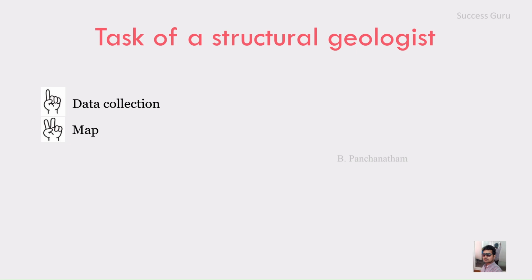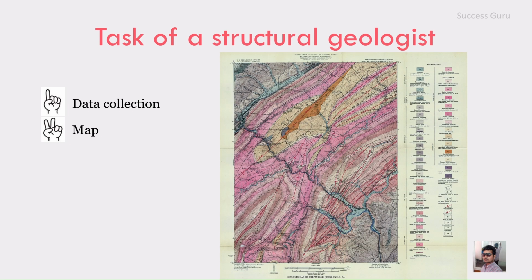The second step is map preparation. That is, after getting those data from the field, the structural geologist has to prepare a detailed geological map with all those structures mentioned in this map. Okay, so the third thing is interpretation. In the field, when you are collecting the data, a structural geologist has a generalized idea about some sort of structure that is present in the region.